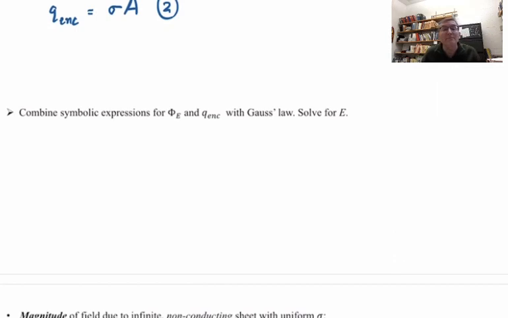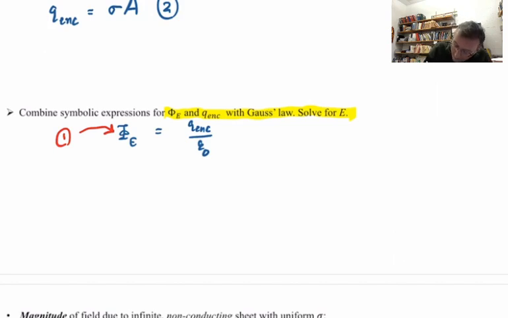Now we combine the symbolic expressions for the electric flux and the Q enclosed with Gauss's law and solve for E. Okay, so here we go. Phi electric equals Q enclosed over epsilon 0. And we substitute equation 1, the symbolic expression for the electric flux, in there.